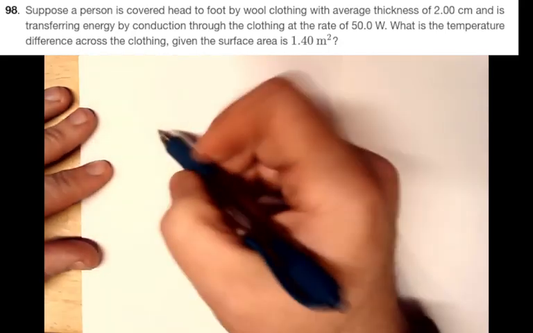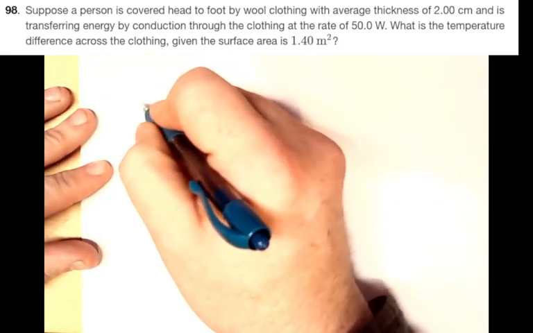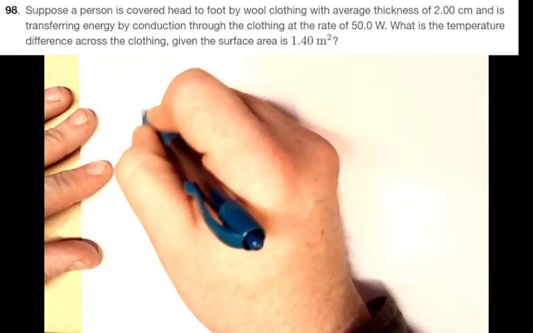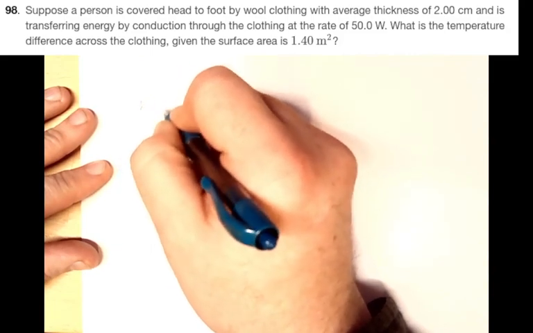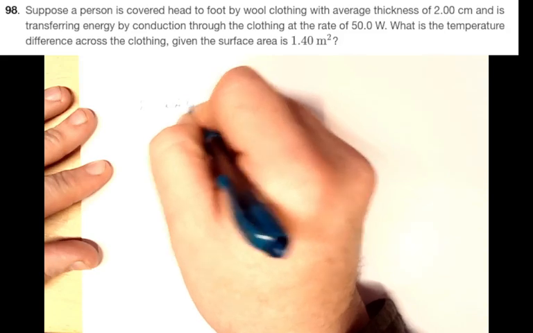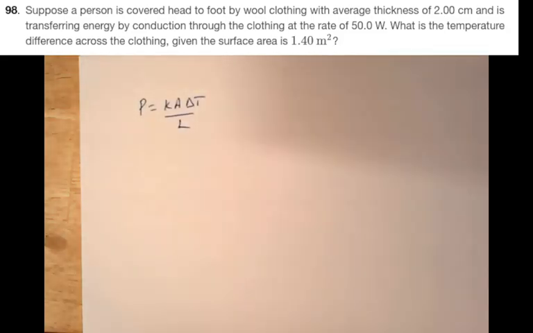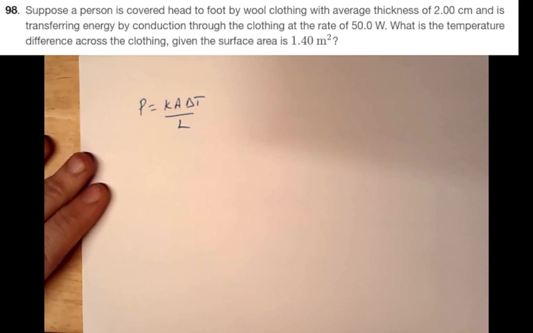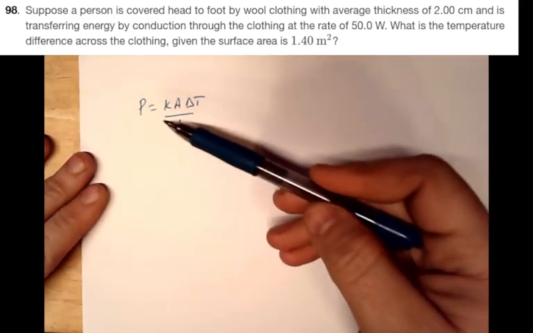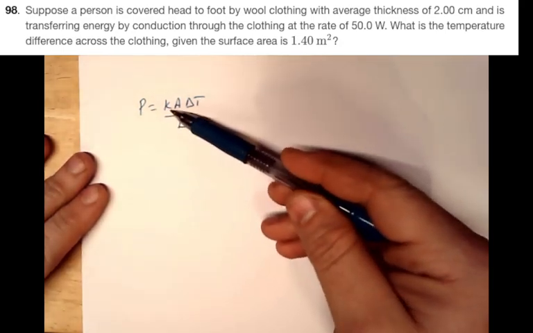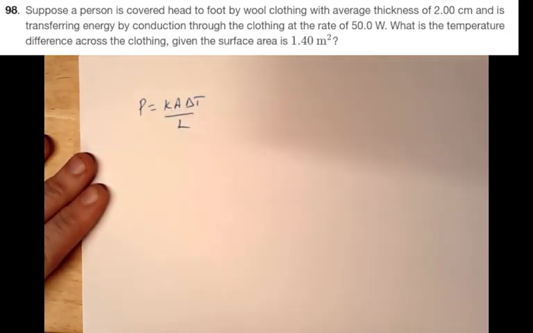So just a reminder for conduction, our formula looks like this. And of course the white balance is atrocious there, but that's okay. So, k here is a thermal conductivity. It's a thing you look up.